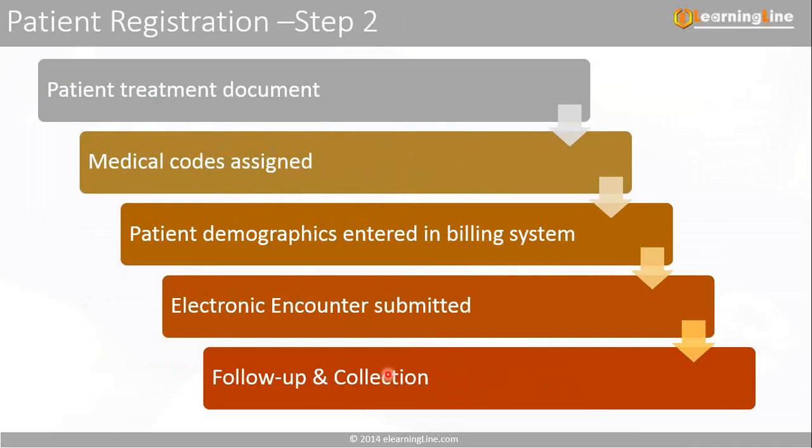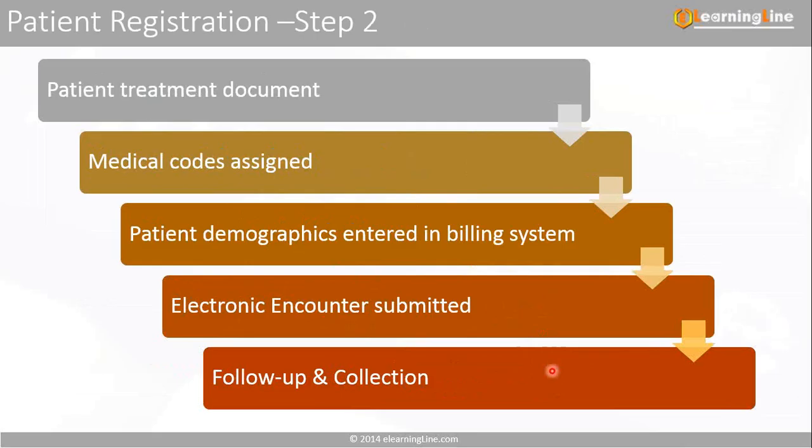So now finally your claim is ready to be submitted electronically. All this information is there, so your encounter is ready to be submitted to the insurance company. What happens next? The claim is received by the insurance company, and how the insurance works is being broken down.